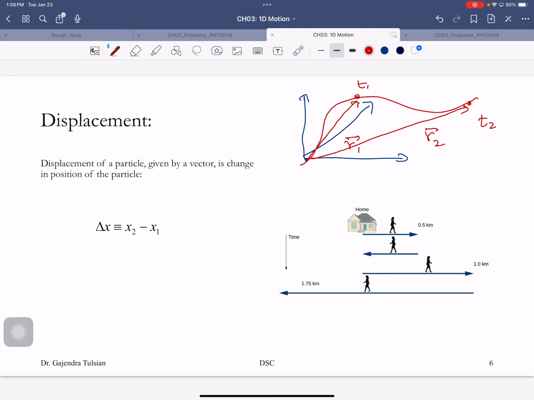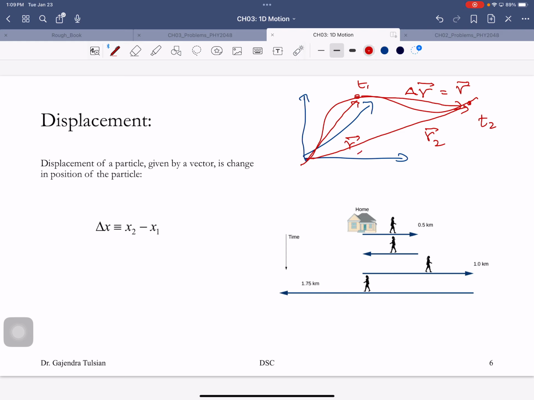What is the displacement vector? It's from your initial position to your final position. That is your displacement vector. It is written as delta R, which is always the final position minus the initial position.